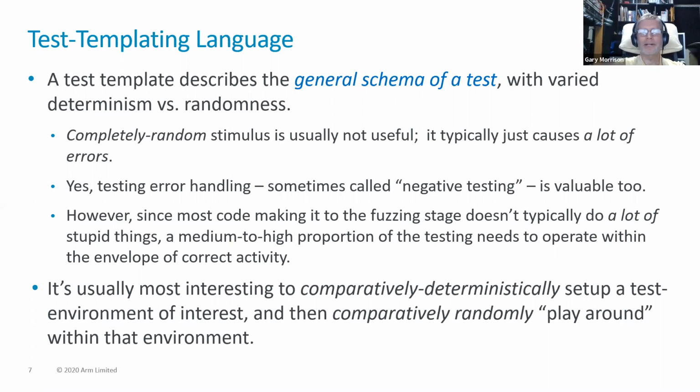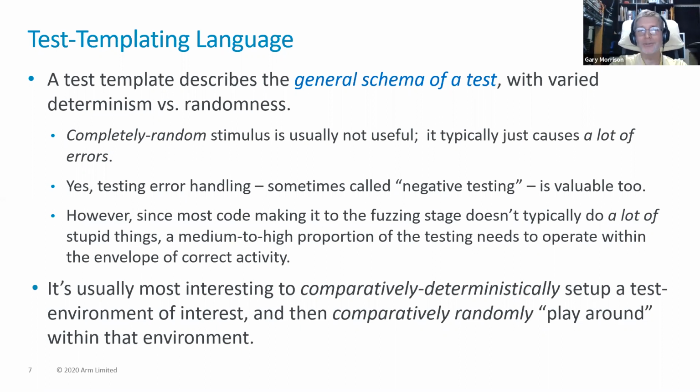The important point of this is its directed randomness. Complete randomness is arguably of dubious value, because what almost always happens if you have totally random parameters to your calls is you end up getting random failures, a whole lot of negative testing, so to speak, meaning that you're generating a whole lot of bogus results, which is of course valuable to test as well, but hopefully you want to test more.